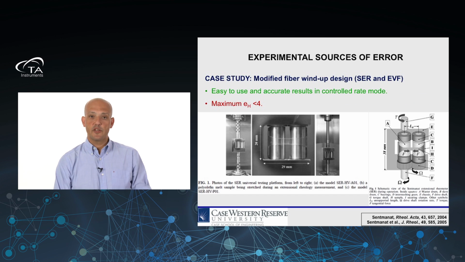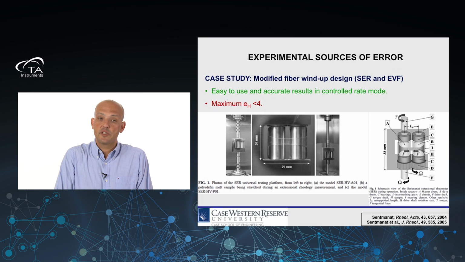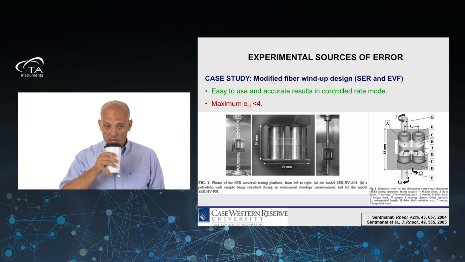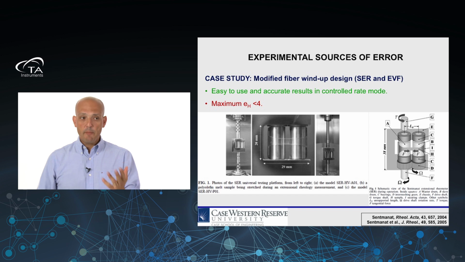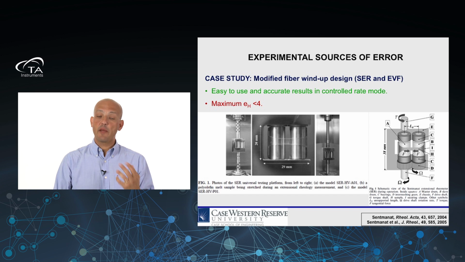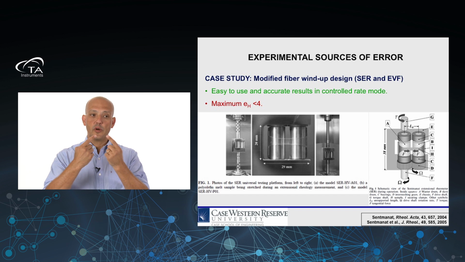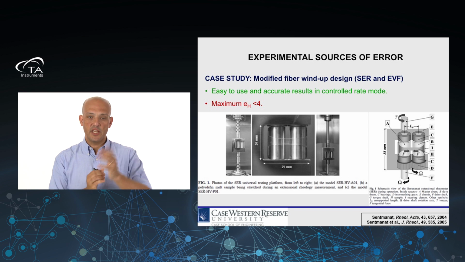So, for example, let's do a case study of probably the two most widely used extensional accessories today. These are both based on what we call the concept of fiber windup. One that you can see depicted here is the so-called Sentmanat Extensional Rheometer, SER, that's typically sold as an accessory to shear rheometers, in which you have two rollers counter-rotating outwards and the sample is stretched in the middle, as you can see there.